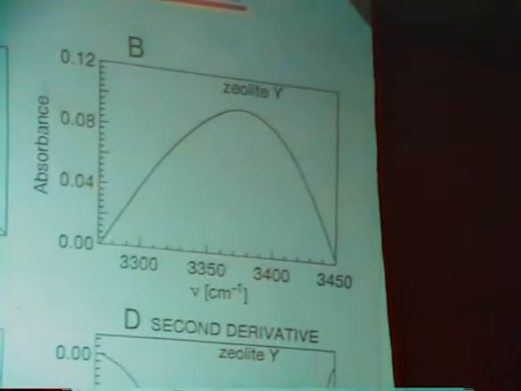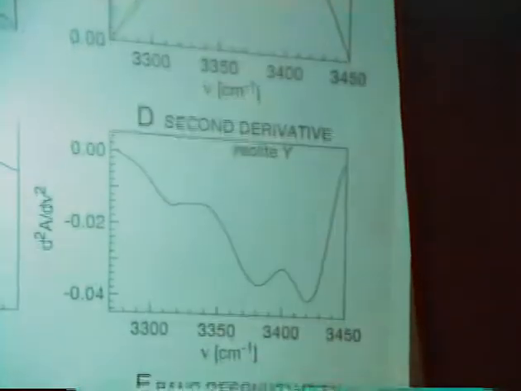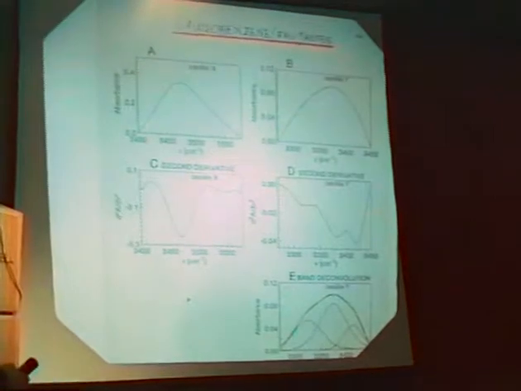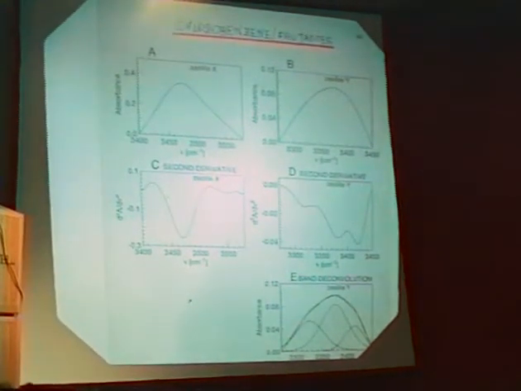In the case of X zeolite, in the second derivative diagram, we see 1 distinct minimum, thus suggesting that you have 1 kind of bridging hydroxyls. In Y zeolite, in the second derivative, we see 3 minima, suggesting that you have 3 submaxima in this spectrum. This is the result of band decomposition.